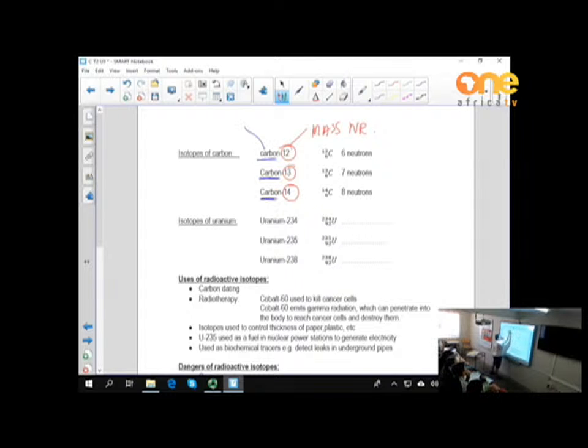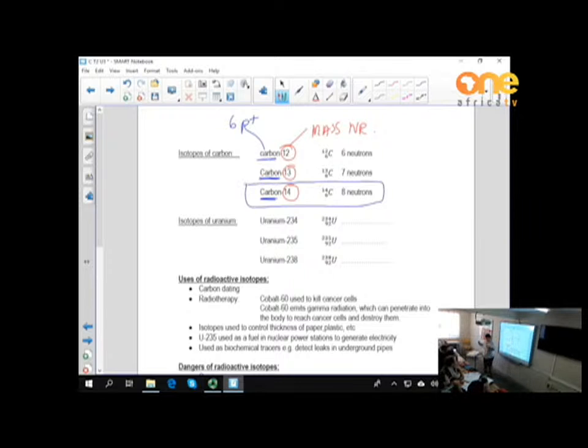Which element? Yes, and carbon has 6 protons. So it tells me which element I have, but it also tells me specifically which isotope I have. Normally when we speak about carbon, we are referring to the average of them all.